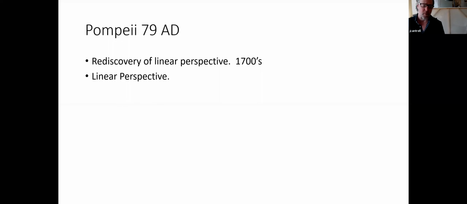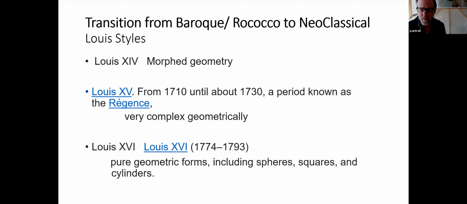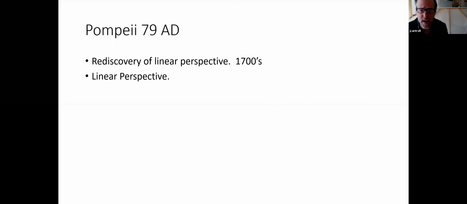I'll show you, I think I have a slide of this later, but we'll see that linear perspective was already discovered in the first century AD, but it was covered up by the volcano for several thousands of years. So when they discovered it in the 1700s, they were able to see that, wow, they've already discovered linear perspective. What I'm saying is this is very influential design ideology in, of course, really Neoclassical architecture.